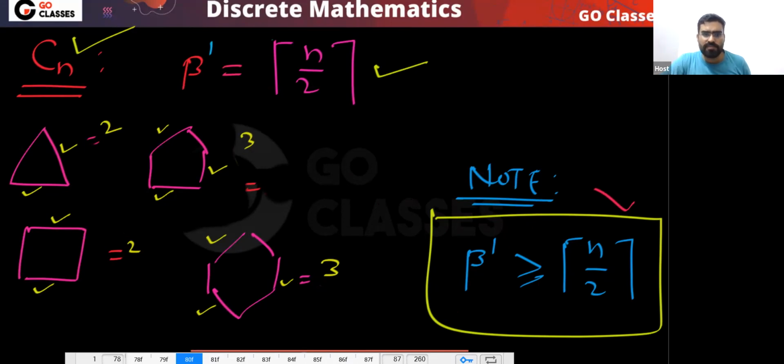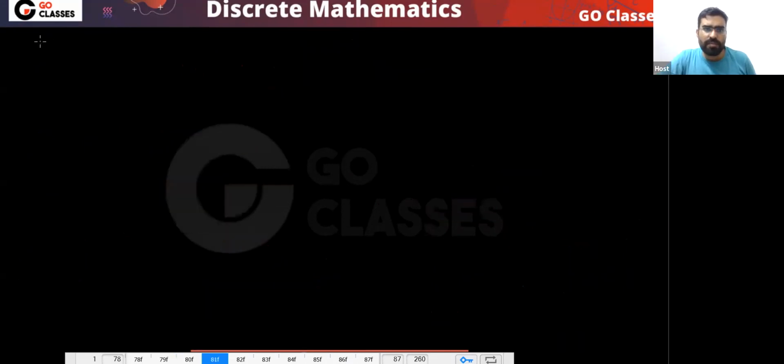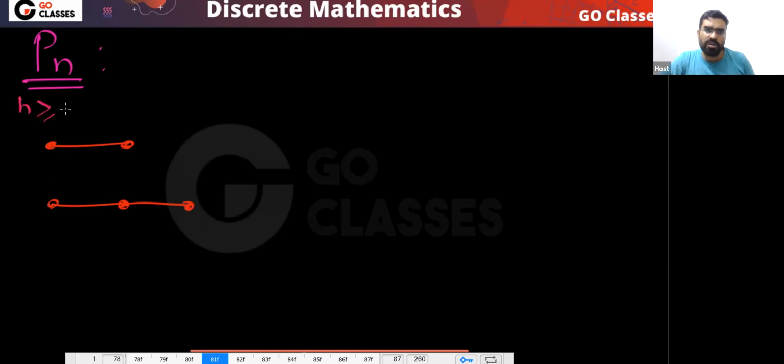So this is the analysis for Cn. What can you say about Pn, the path graph? Here n is greater than or equal to 2. Because when n is equal to 1, what is the problem?